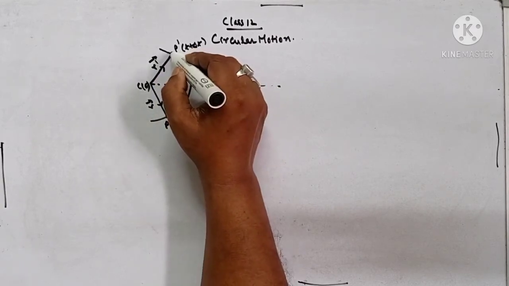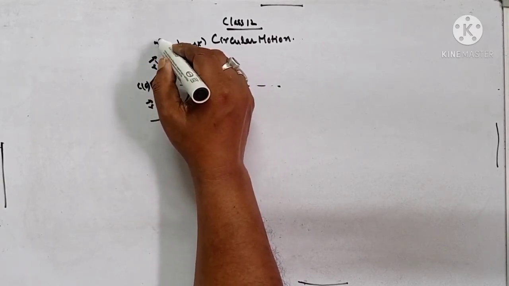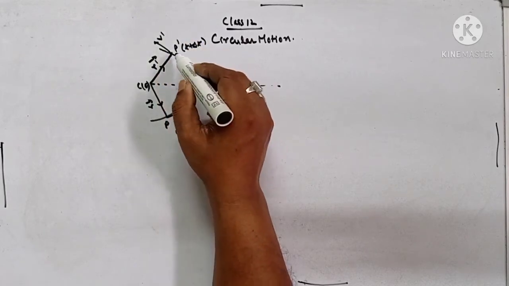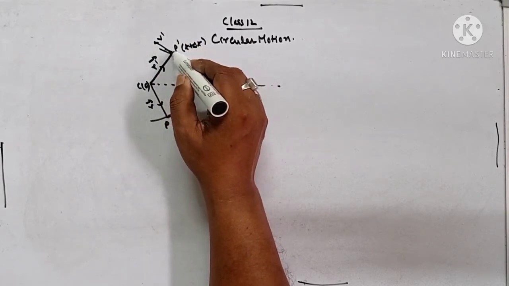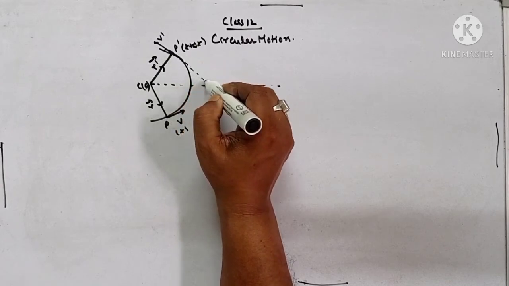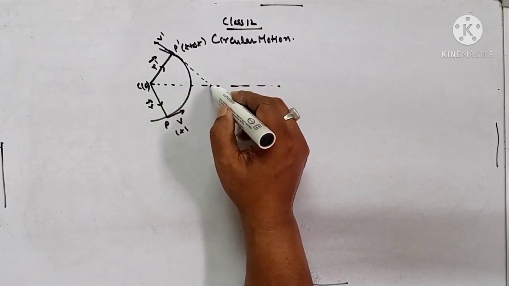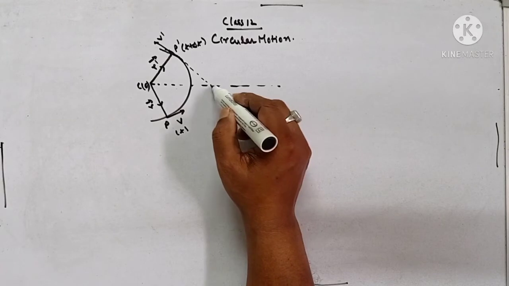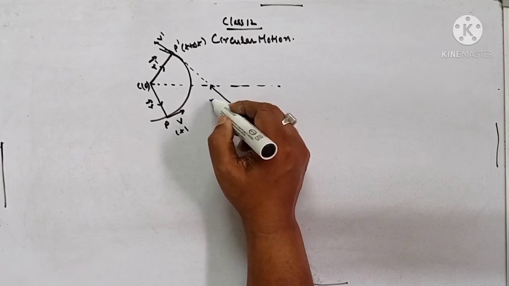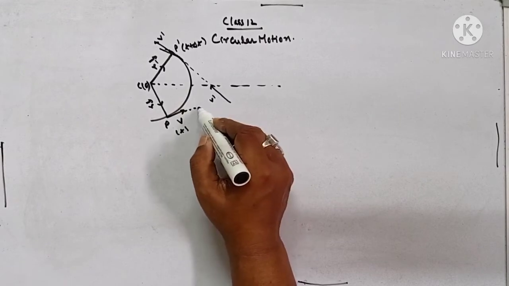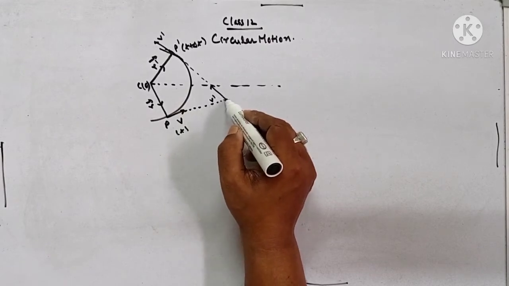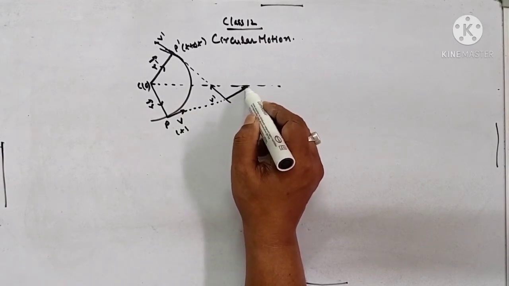And the velocity here is v dash. Now see, this velocity is tangential, so this is your v dash, and here this is your v.